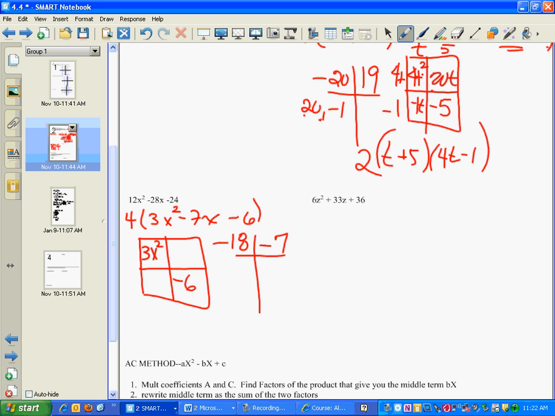What are my products of negative 18 that give me negative 7? Negative 9x, 2x. Pulling up, what can we take out? Negative 3 here, and up here, and across. So x minus 3 and 3x plus 2, with the 4 that we pulled out, and we're done.